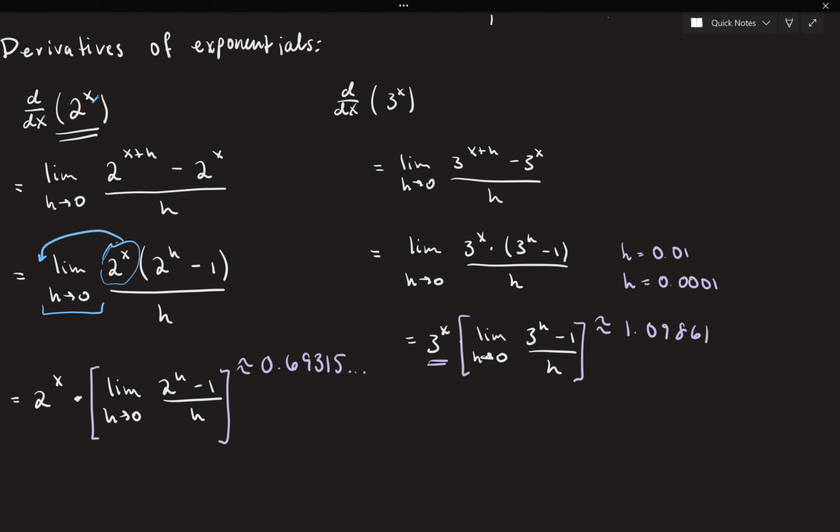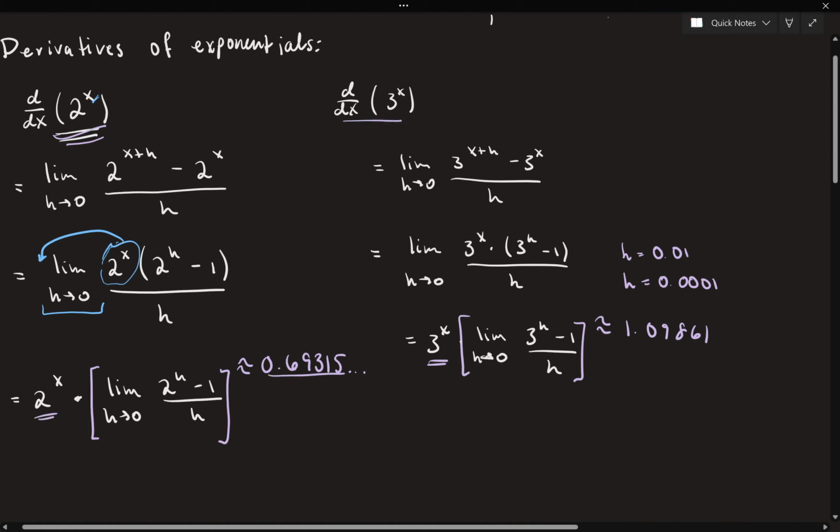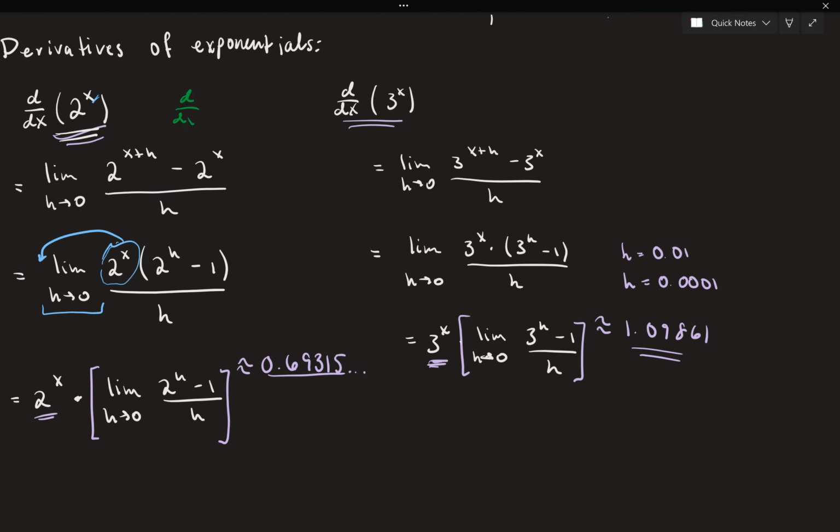But hold on a second. If I did 2 to the x and I got 2 to the x times 0.69, and I did 3 to the x and then I got 3 to the x times 1.09, there should be a number, maybe it's like 2.5. Maybe it's 2.5.